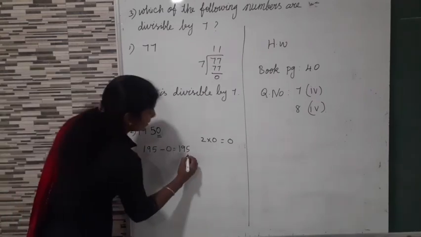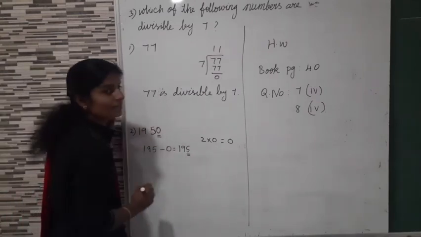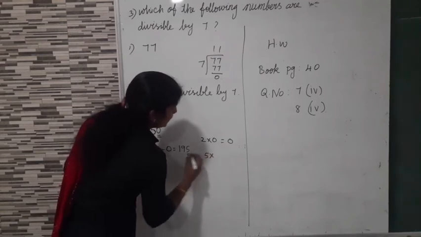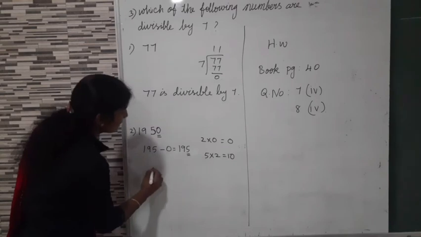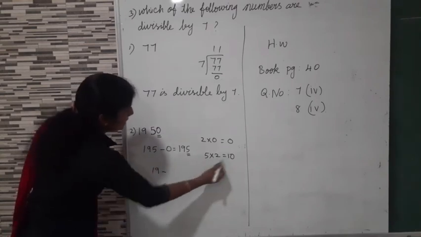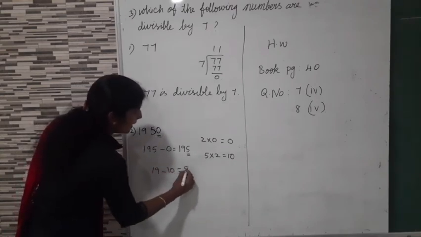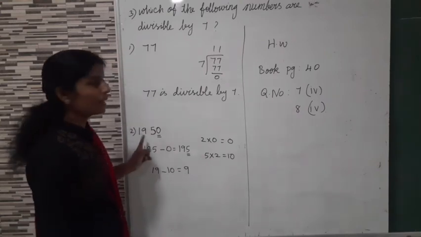Otherwise we can do it one more time. The one's digit is 5, and double of this last digit: 5 twos are 10. Then the remaining digits 19 minus 10 equals 9. Is 9 in the 7 table?